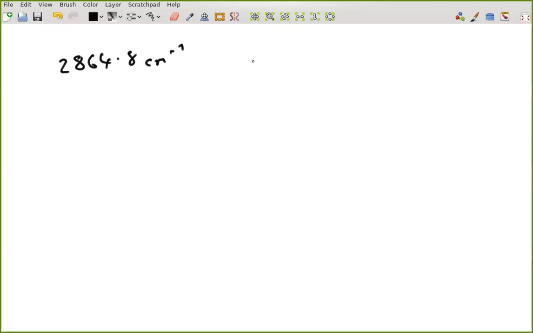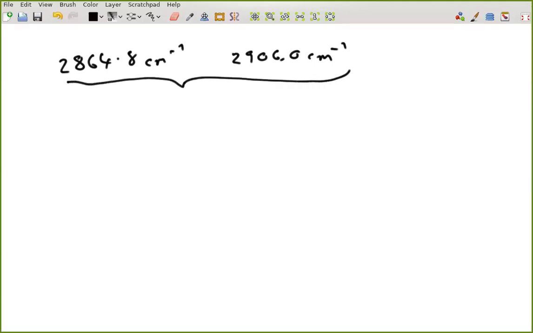And then the other one is 2906.0. And of course, the average of those is going to give us our fundamental vibration.